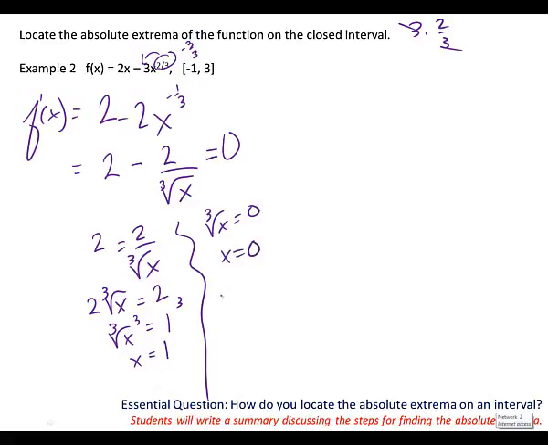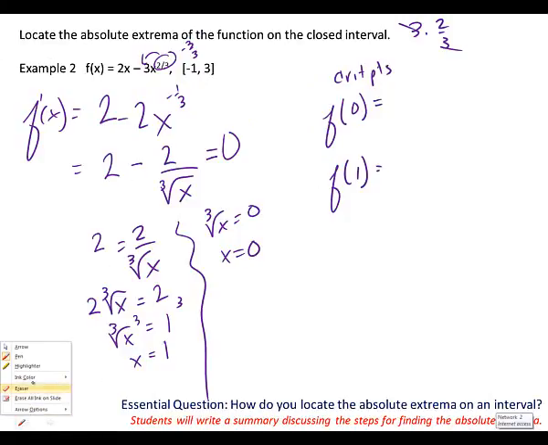It's also 0. So the next thing I'm going to do is I'm going to check my critical points. Okay, so I'm going to put my critical points into the original function. So I'm going to put in the 0. I'm going to put in the 1. All right, putting in the 0. Okay, let me go back.